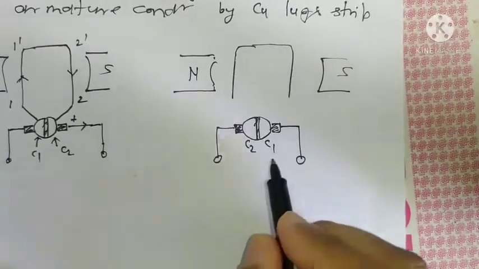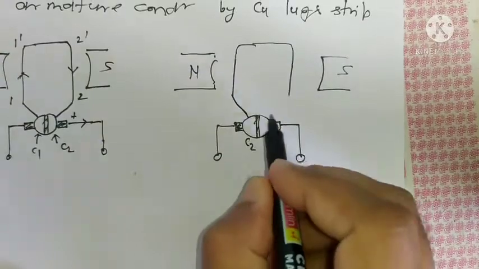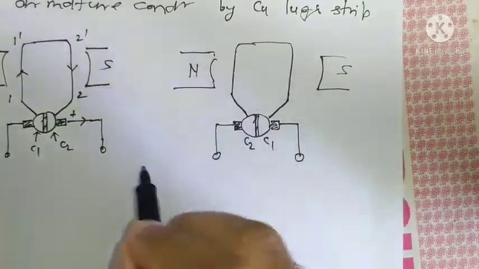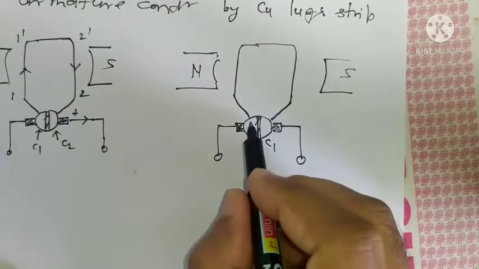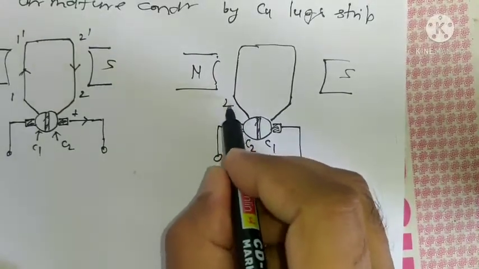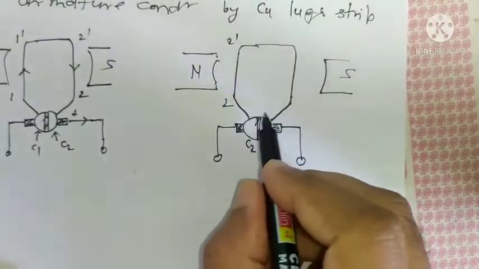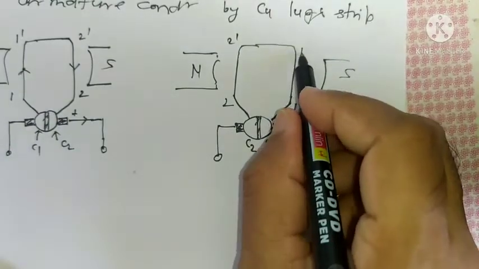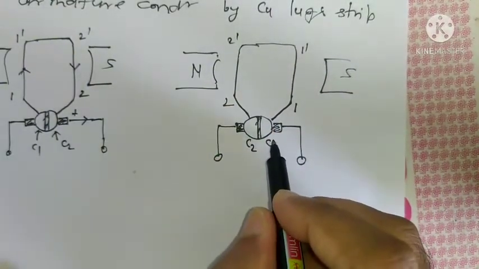This is one segment, this is the second segment, and these sides are soldered or connected with copper lugs. So by 180 degrees this will become 2 2 dash and this will become 1 1 dash, right?